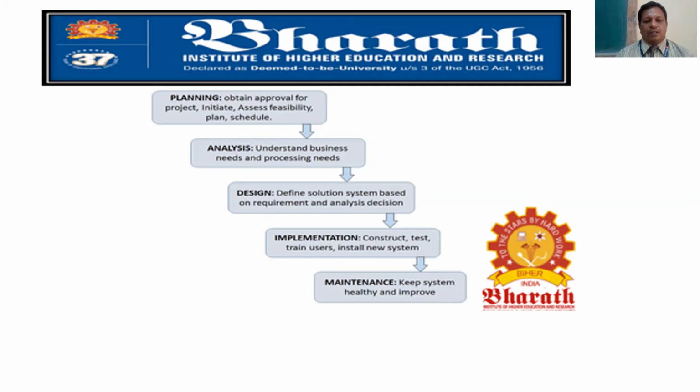It is a combined approach of the Jacobson, Rumbaugh, and Booch methodologies to define the software development process in a different methodology. The normal software engineering methodology of system development is shown here: planning, analysis, design, implementation, maintenance.